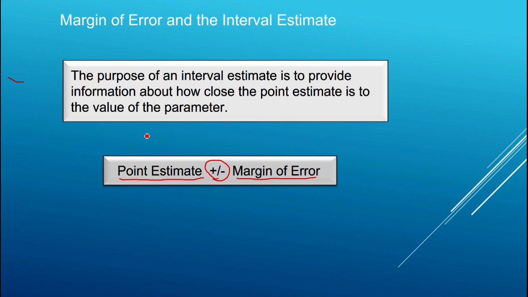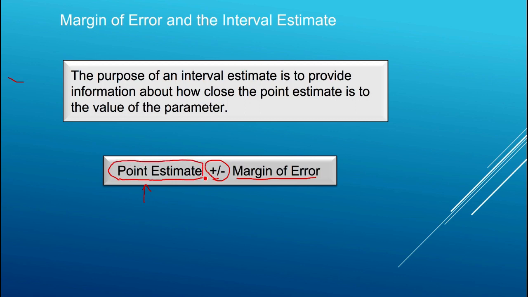So it is possible to provide an interval estimate for many different types of point estimators. So what we'll do is we will fill in this equation the point estimate with something like the sample mean or something like the sample proportion, and then we'll both add and subtract a margin of error, and that margin of error will give us a range, a lower end and an upper end, that gives us an idea of how certain we are about the value of our point estimate.